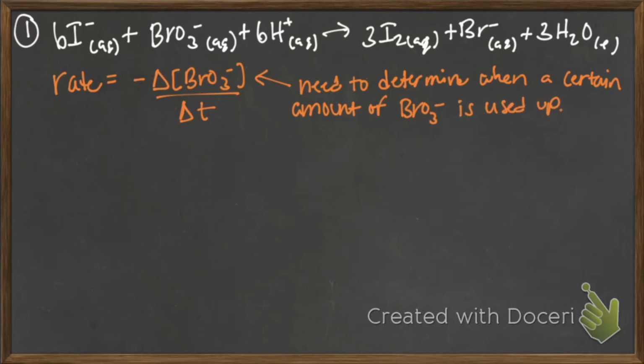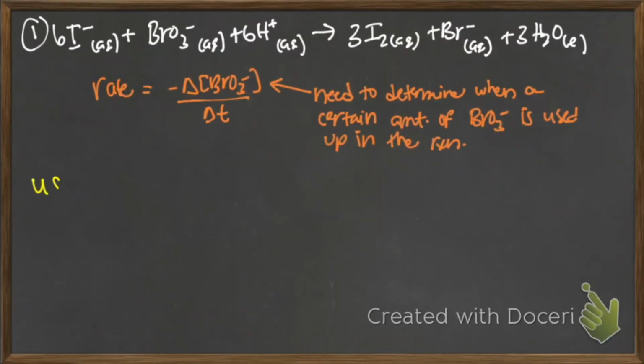So in order to do this, we need to use linked reactions. So we're going to use a linked reaction, and this linked reaction I'm going to call reaction 2.